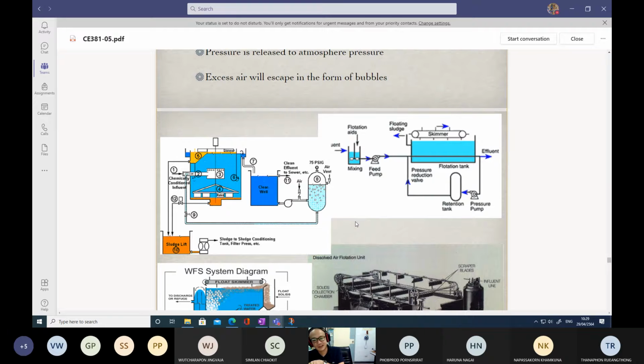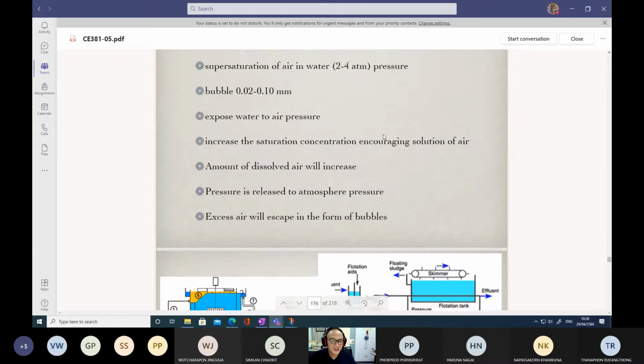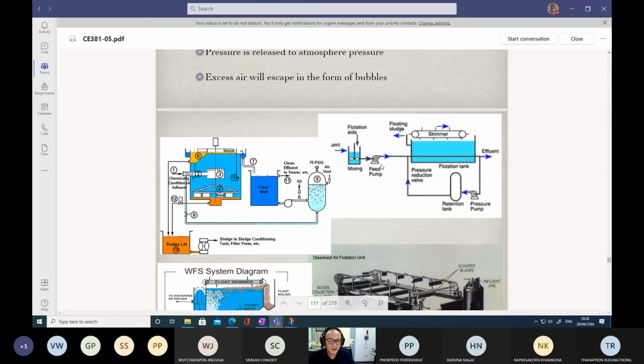This one is also the same, but in order to make the solubility reach supersaturated conditions, we need a much higher pressure, not the normal pressure. So we apply 2 to 4 atm within these retention tanks. This tank must be tightly closed and properly equipped with a pressure gauge so that we can observe the pressure inside this chamber.